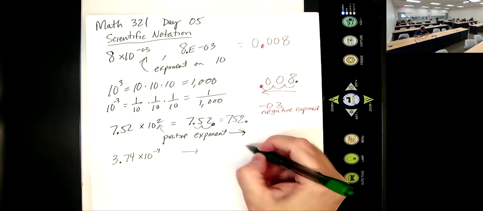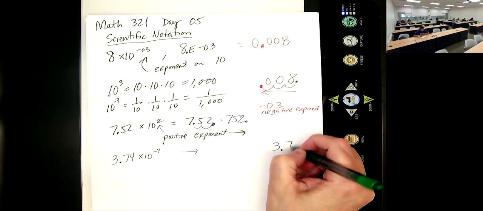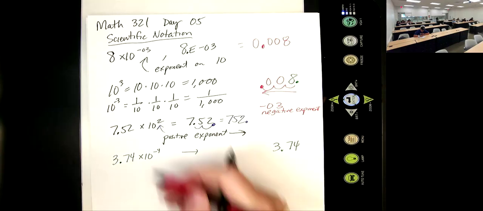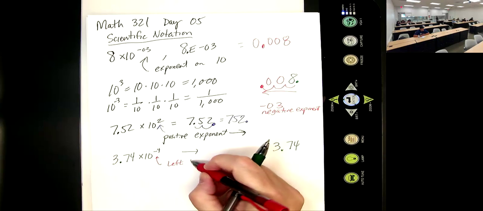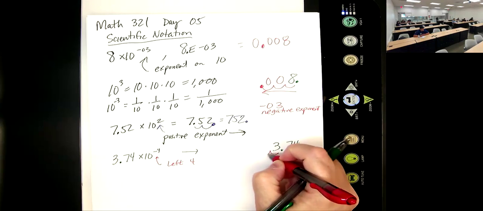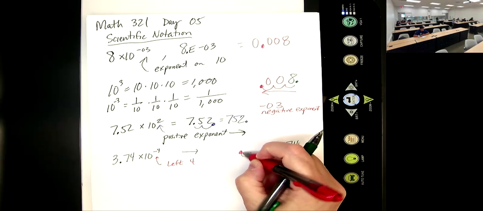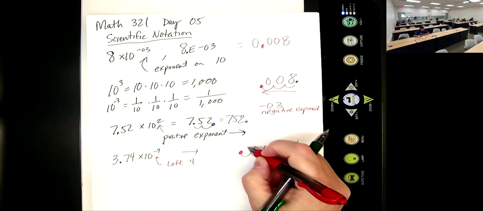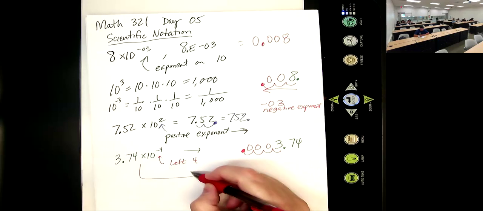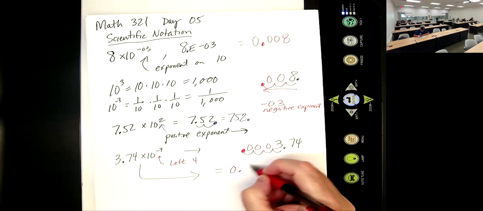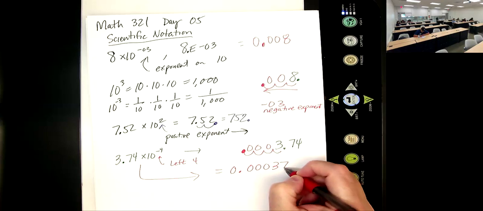This means take our 3.74, and this is a negative 4, so we're going to move left 4: 1, 2, 3, 4. And the actual value of this is 0.000374.